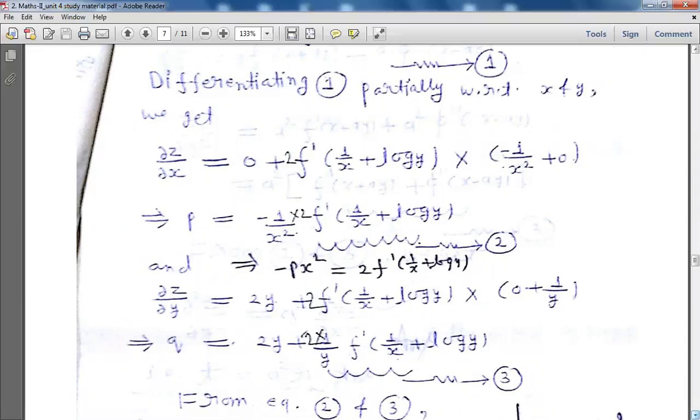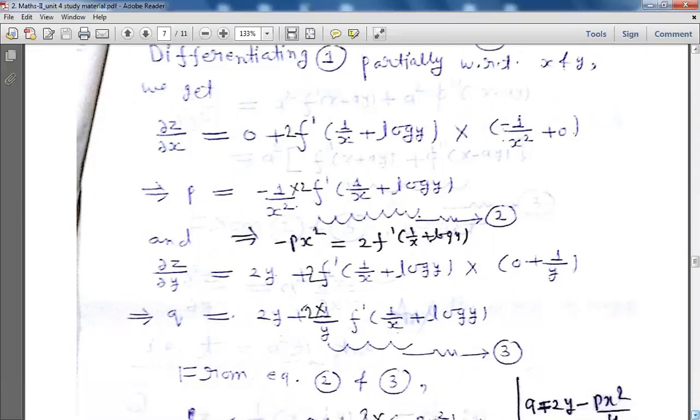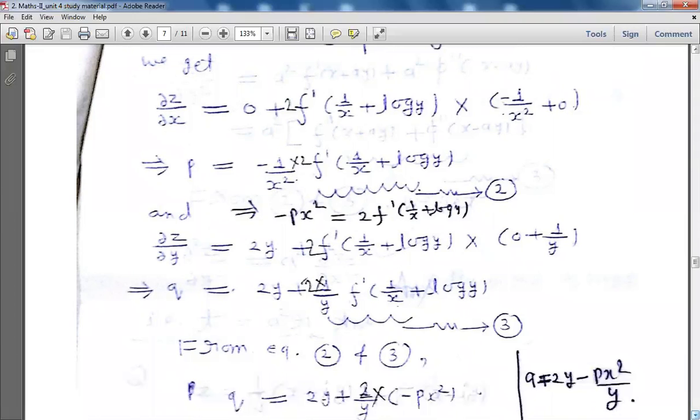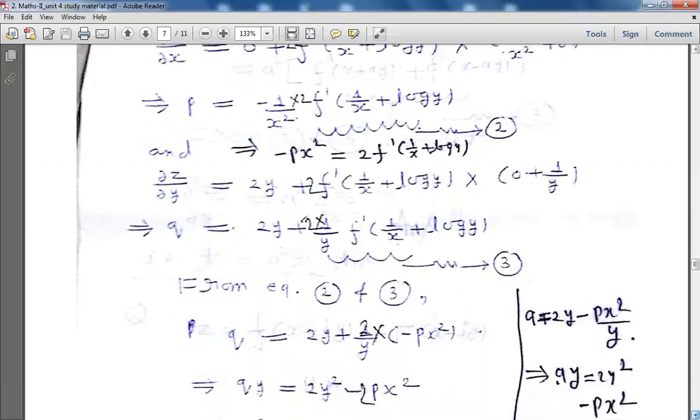Similarly, del z by del y, the result is q equal to 2y plus 1 upon y f dash of 1 upon x plus log of y. This result is equation number 3.